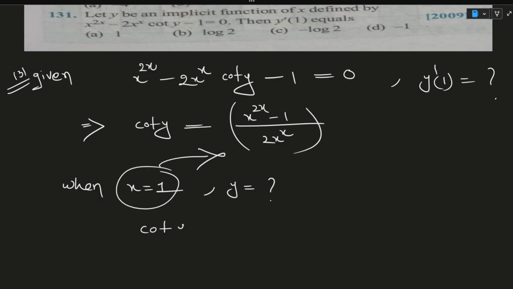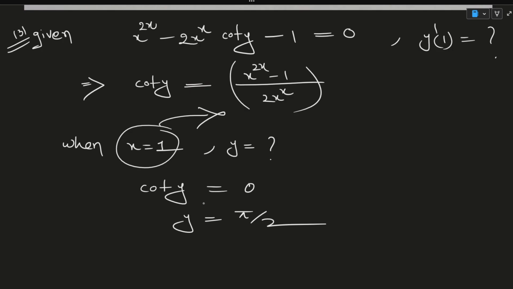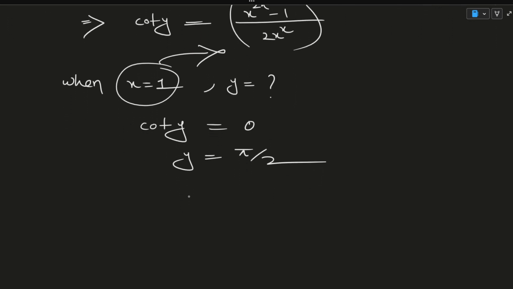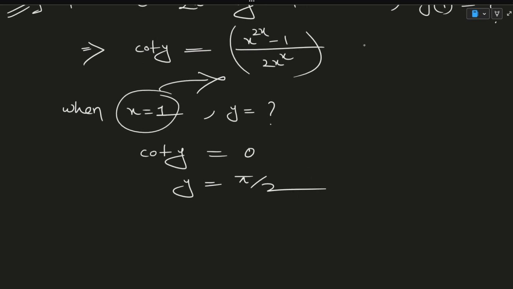So it will be cot y equal to 0, then y will be equal to pi by 2. So we got the value of y here when x is equal to 1. So now we will differentiate this equation both the sides.